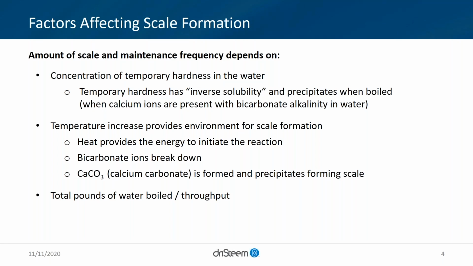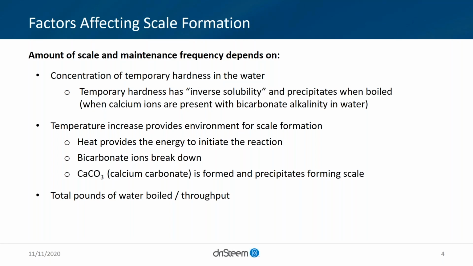So some factors affecting scale formation is really the hardness in the water. And the easiest example I have for people that are new at looking at the water chemistry, or even seasoned, a good analogy for me, at least, is hardness as you raise the temperature tends to plate out.